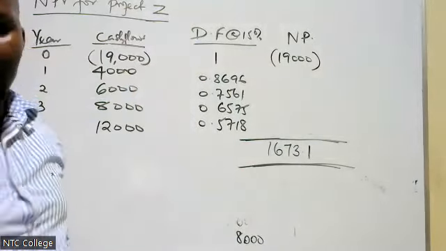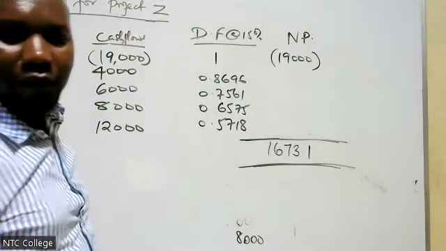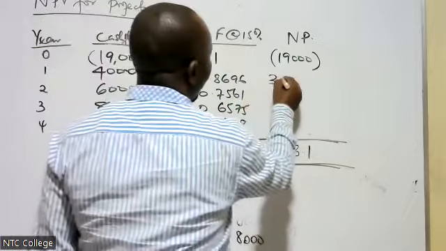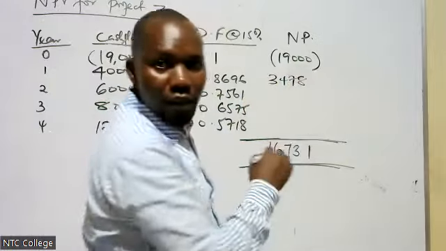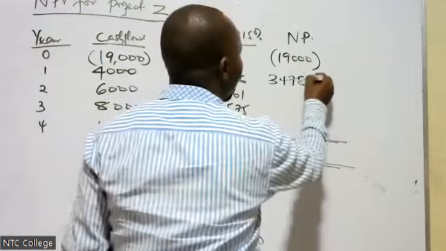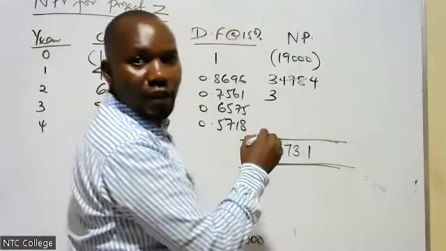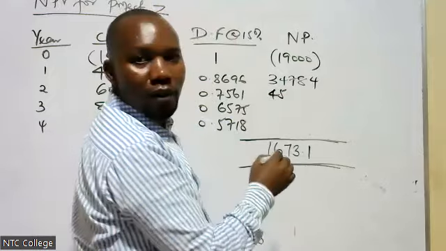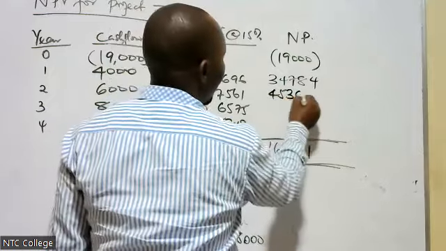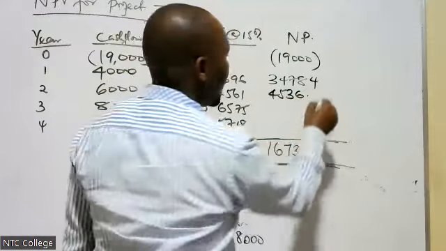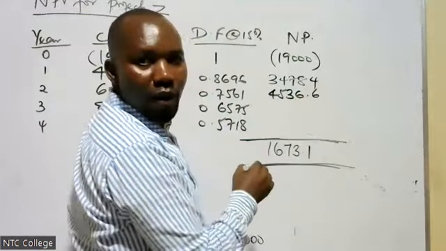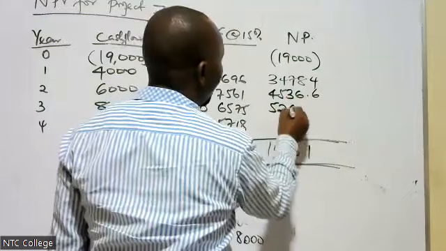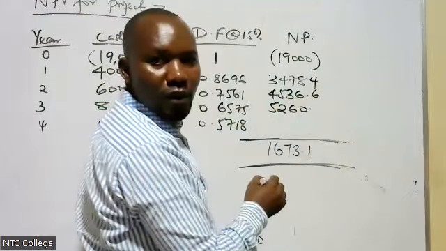The figures are 34, 78.4. Then we have 45, 36.6. Then we have 520, 5260.0.